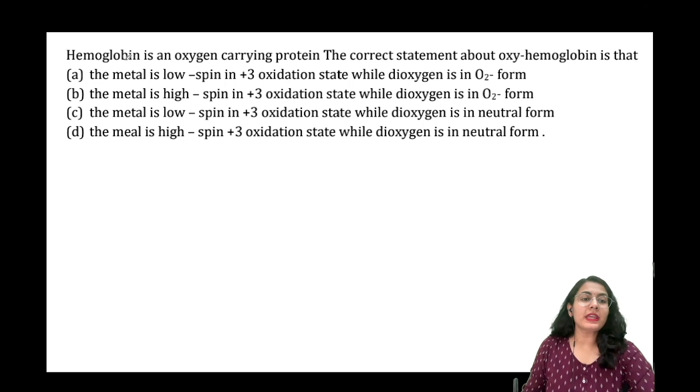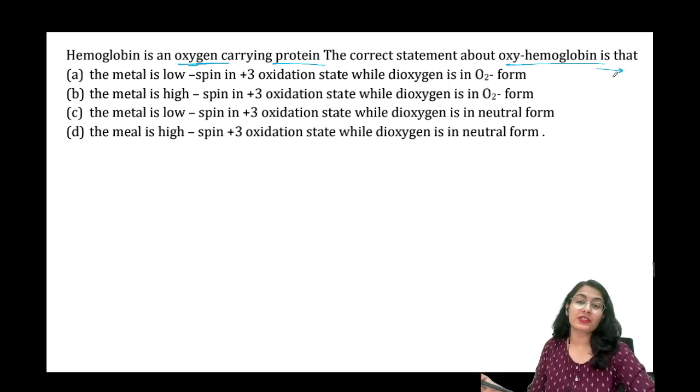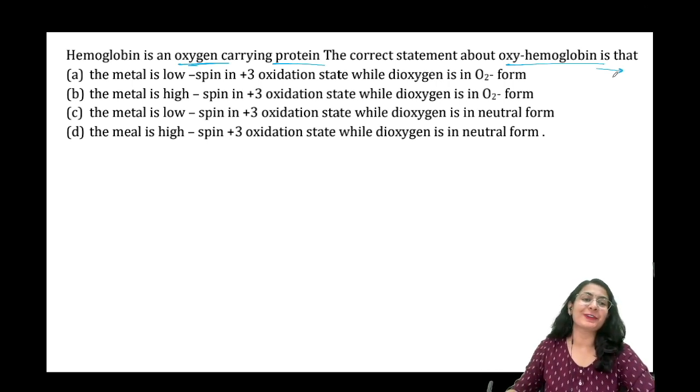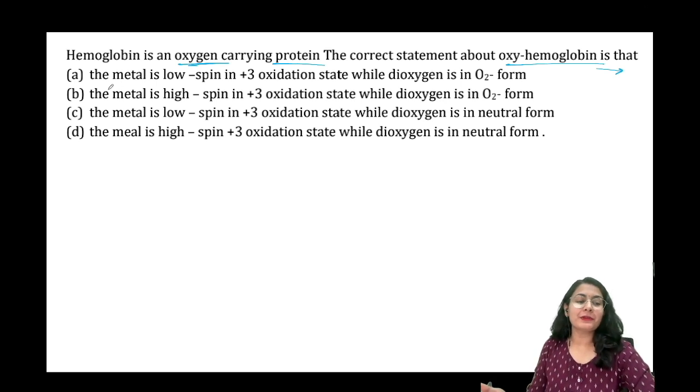Alright, next question. Hemoglobin is an oxygen carrying protein. The correct statement about oxyhemoglobin is that. So you see there are so many questions asked on oxygen transport. Yes. Read out the options. Do it by yourself. Correct statement about oxyhemoglobin.